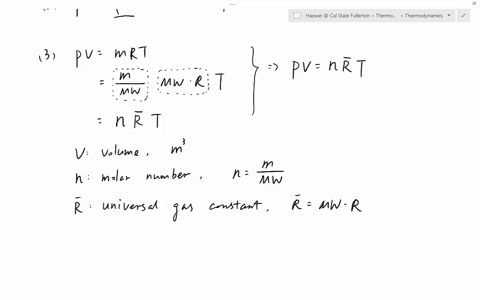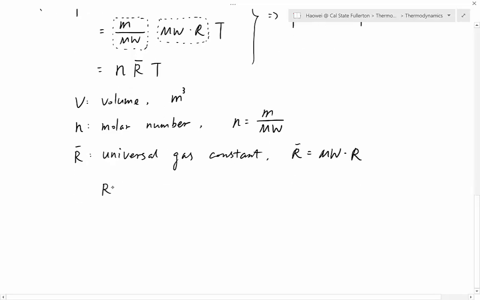So what is the value of R bar? R bar is equal to 8.314, and the unit for R bar is kilojoule per kilomole per Kelvin. And one last thing, MW stands for molecular weight.